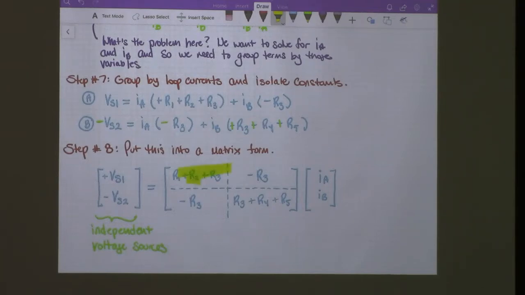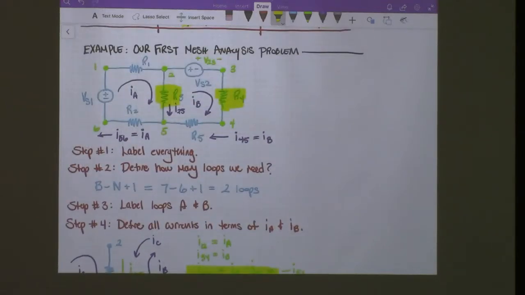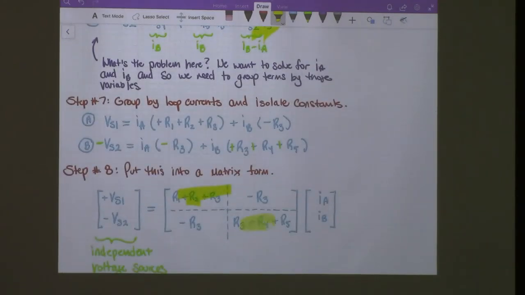For our element 2, which is associated with loop B, it's again all of our adjacent resistors, which are R3 plus R4 plus R5. That's what you have down here. And then these are minus whatever the resistance is that's shared by the two loops, similar to how in nodal analysis it was minus the admittance that traversed the two nodes.